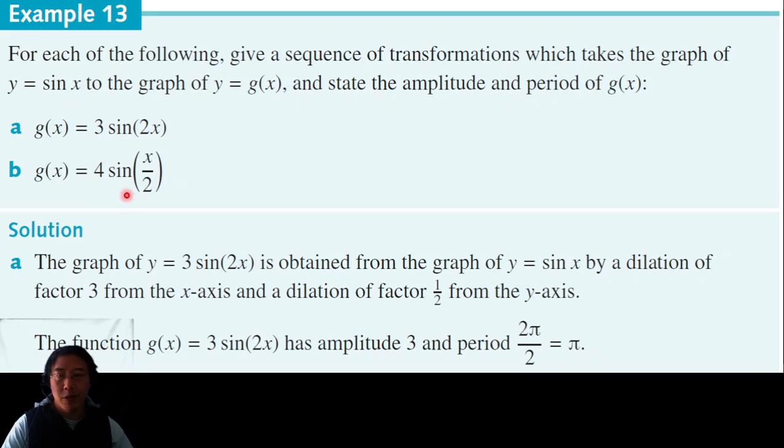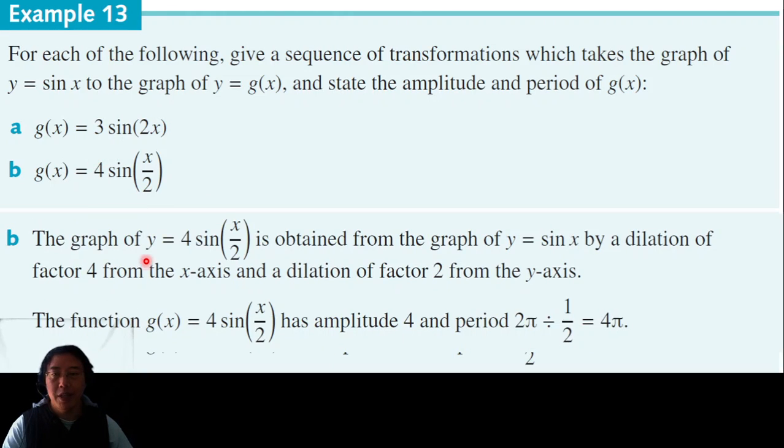Have a go at the next one. Alright, with the next one, dilation of factor 4 from the x-axis. The 1 over 2, again you take the reciprocal. That's a trick here. So it's 1 over 2 times x. The reciprocal of 1 over 2 is 2.